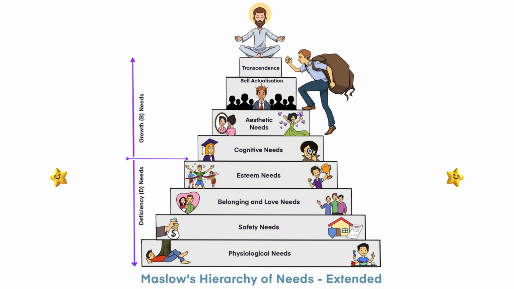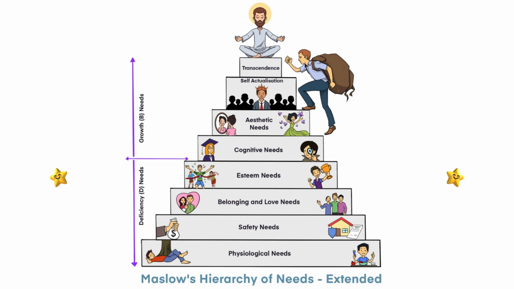He argued that the lower needs are prerequisites for the highest, which he called self actualization, which is just a fancy word for finding your purpose. He believed that humans are naturally drawn to achieving their true potential. So let's talk about it.